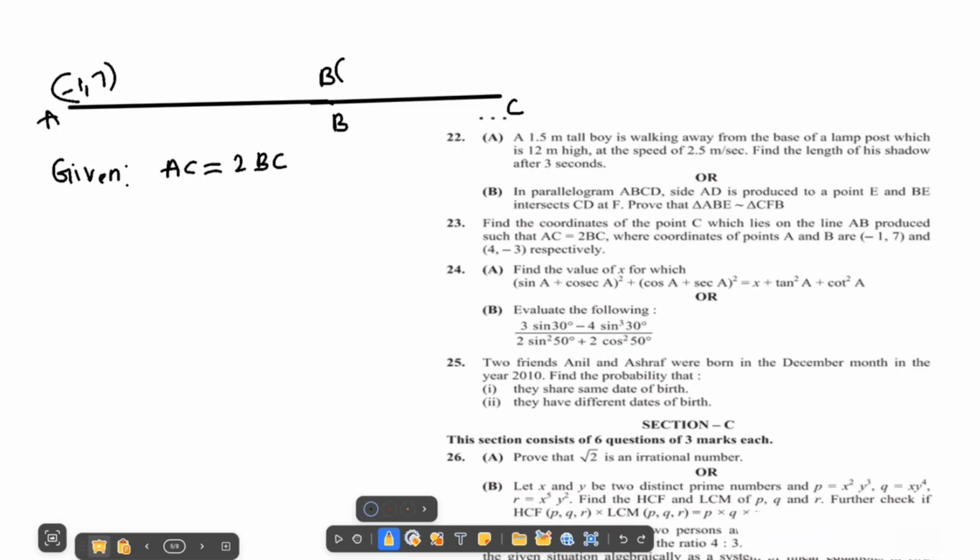B coordinates are 4 comma minus 3, and we have to find the coordinates of C. So AC is double of BC. So what is required to find? We have to find the coordinates of C.